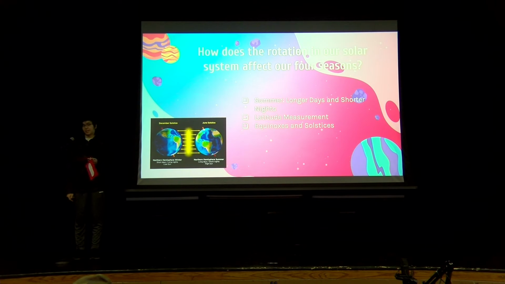Equinoxes and solstices. Between the Earth's tilt and rotation, we have one day of the year where the North Pole ends up tilted close to the sun while the South Pole tilts away from the sun. This is known as the summer solstice, the longest day, and the winter solstice, the shortest day. Halfway between the solstices, we have what's called an equinox.